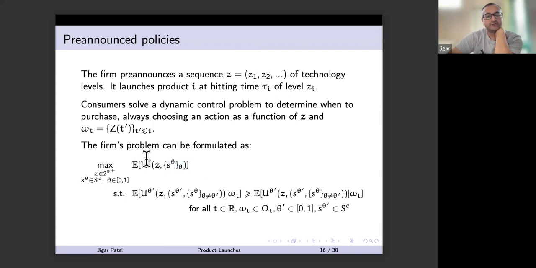So the firm's utility depends upon what innovation levels they are going to commit to, and what is consumers' behavior.